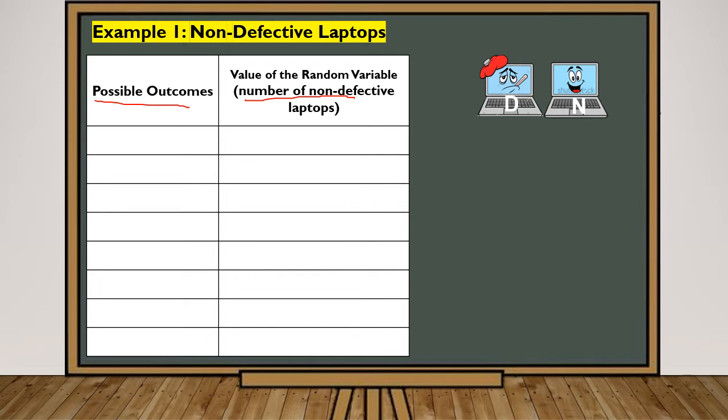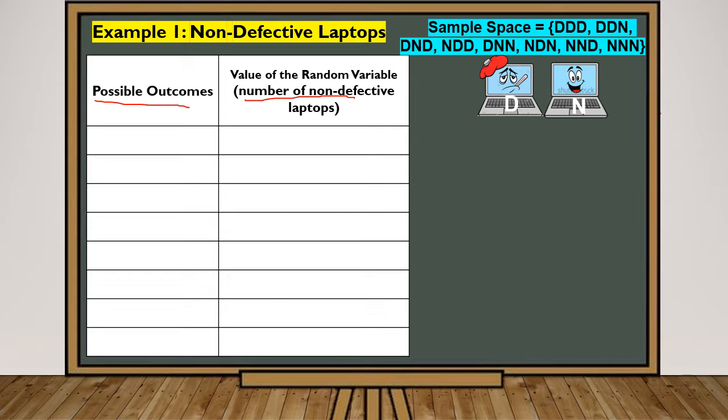What are the possible outcomes for 3 laptops that are tested at random? When you test 3 laptops, you may get any one of these possible outcomes. Upon testing, you may find that all 3 laptops are defective. That is one possible outcome.